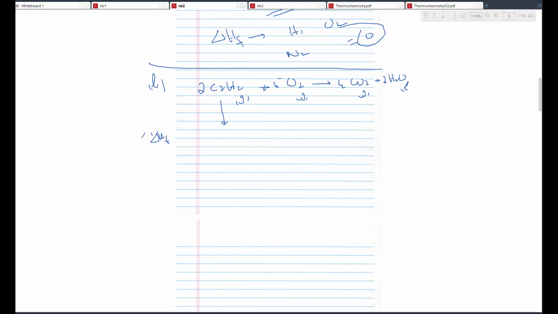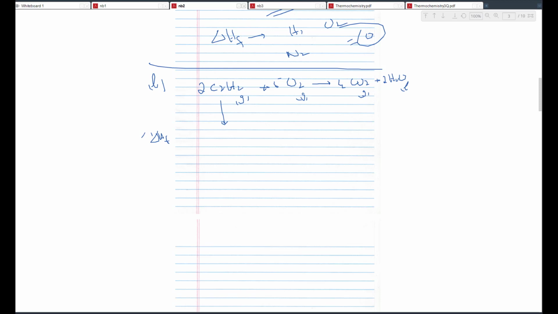Enthalpy of formation of acetylene, or ethyne. It looks like it's 226.6 kilojoules per mole. Okay, I'm going to use that one.